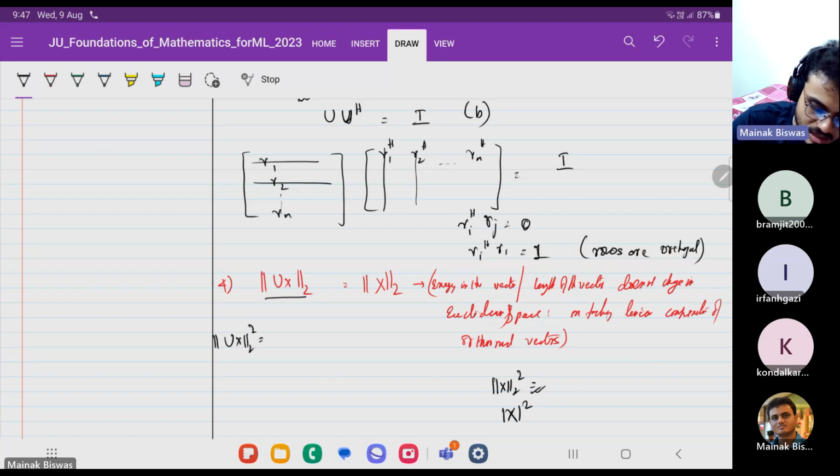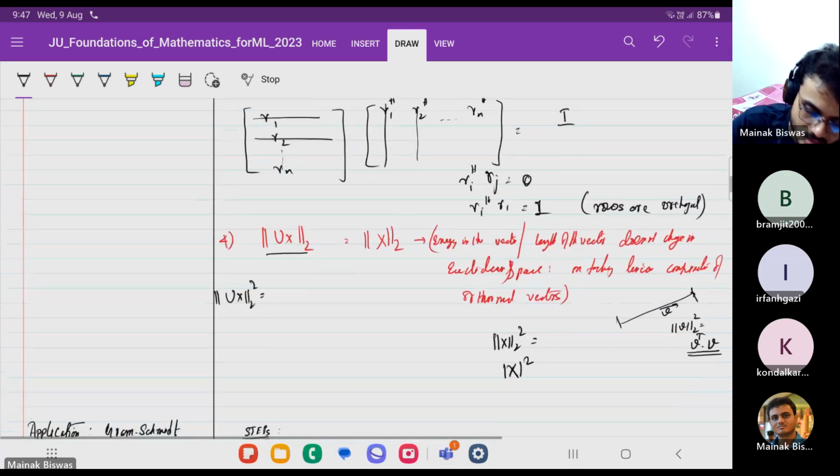How can you write this norm length as a dot product? So you have a vector v. How do you write v's length as a dot product? It's nothing but v transpose v, right? We discussed it so many times last day.